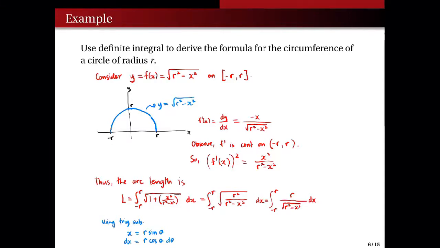And then, of course, the square root of r squared minus x squared will give you r cosine theta. So I hope you practiced your trigonometric substitution.